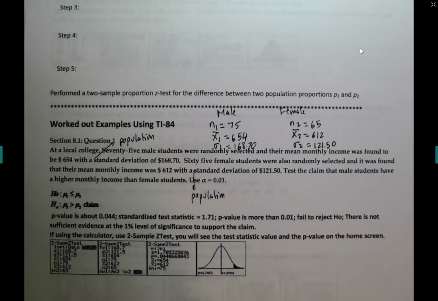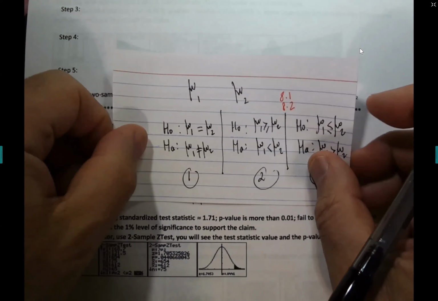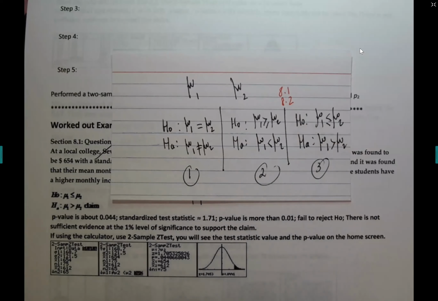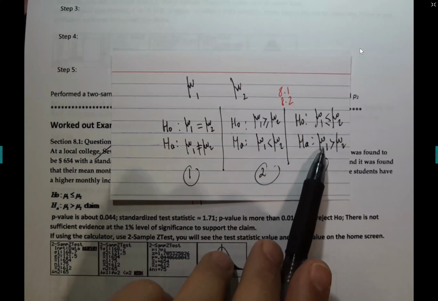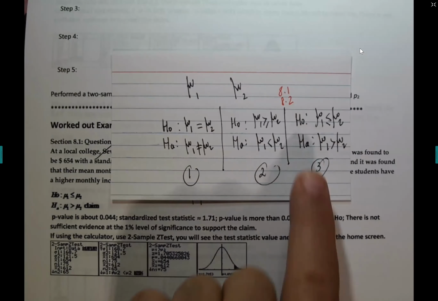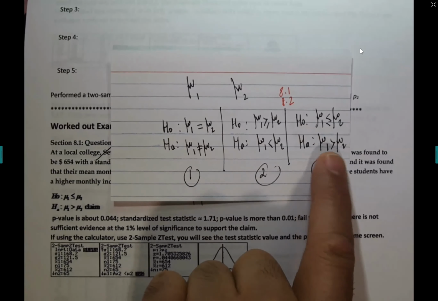Test the claim that male students have a higher monthly income than female students. So higher monthly income, guys, which one would that be? First, second, or third? Remember, 1 represents male and 2 represents female. 3, because we want to check that the males make more than the females.